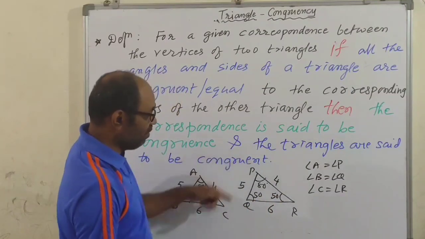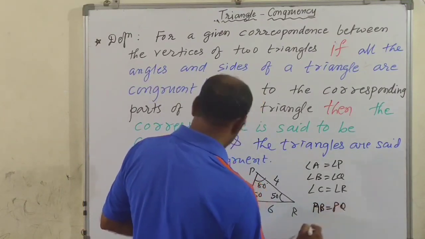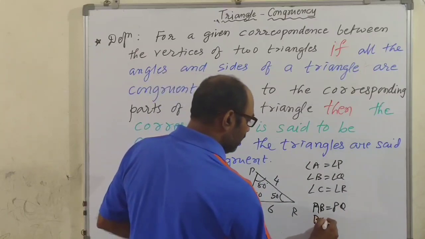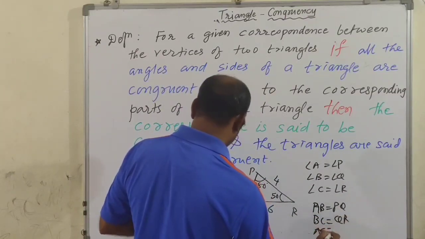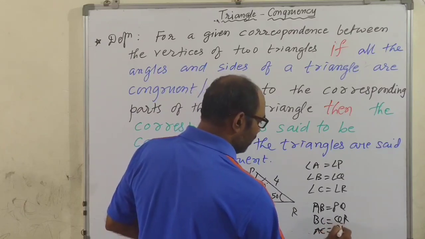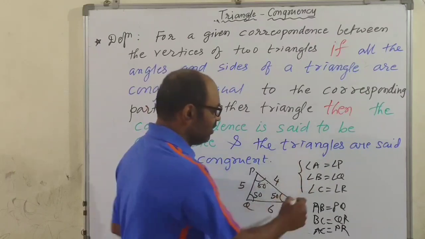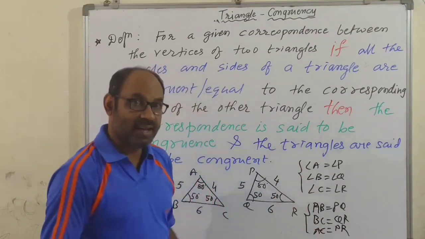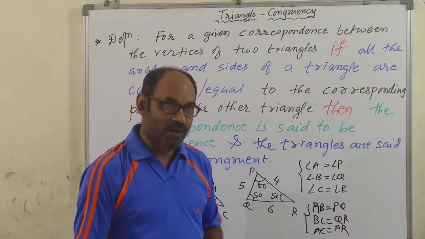Now AB is 5, PQ is 5. So AB is equal to PQ. BC is equal to QR. And AC is equal to PR. Correct? So what you see? All corresponding angles and all corresponding sides are equal, or you can say congruent. So the correspondence is congruence.